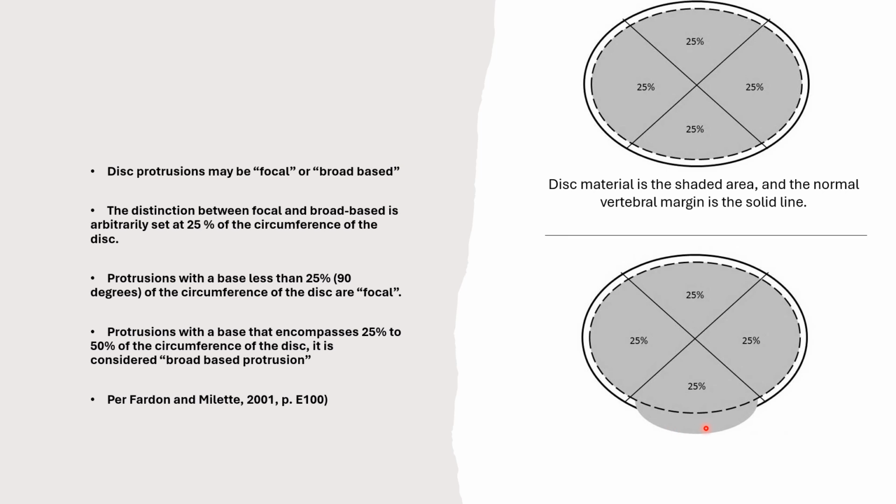So this would be called a focal disc protrusion. If this disc protrusion extended to almost, and just under, 50%, this would be called a broad-based disc protrusion. And as we'll talk about in later lectures, if the disc material extends beyond 50% of the total circumference of the disc, that would essentially be called a disc bulge.